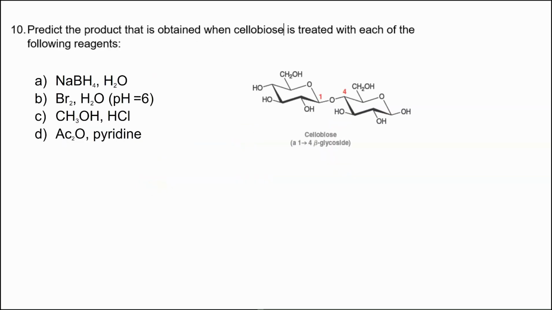In this reaction, predict the product that's obtained when cellobiose is treated with each of the following. So this is the structure of cellobiose. With sodium borohydride, this exists in equilibrium as the aldehyde, so this will get reduced.